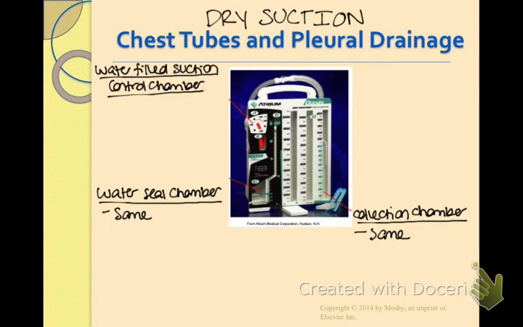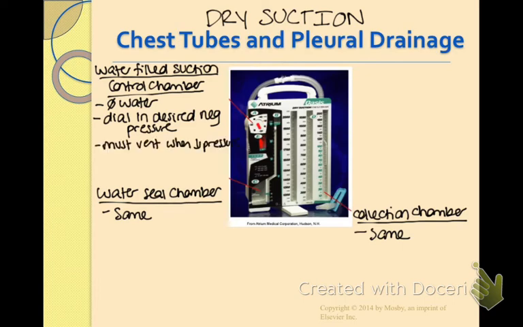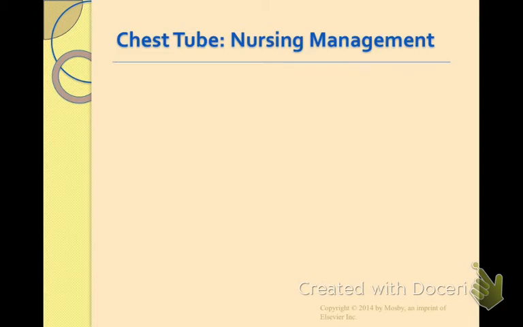But the difference is, instead of having, like before, that tube on the left-hand side that you could see the water, here they just have a dial, and that's dry suction. So there's no water. You dial in the desired negative pressure. So again, this is still in control of keeping the lung open by putting that negative pressure. There's just no water doing it. And you have to vent it when you're decreasing the pressure.